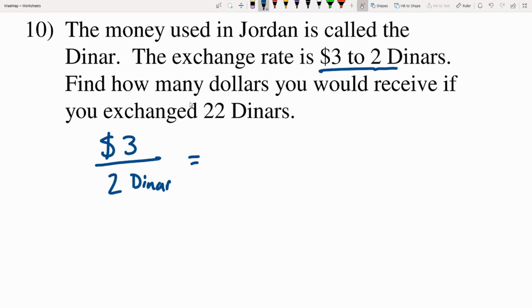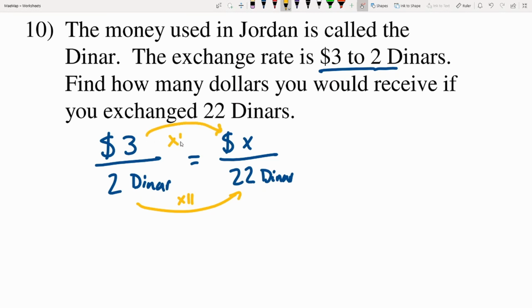Then I'm going to see how many dollars I can get. So I'm just going to call this X amount of dollars if I exchanged 22 dinar. Well, 2 times what gets us to 22? That's 2 times 11. So all I have to do is take that $3 and multiply that by 11 as well. 3 times 11 is 33, so that's $33.